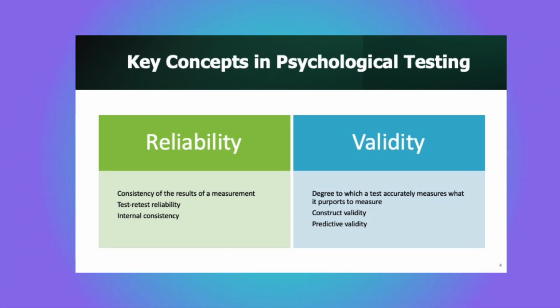And then we have internal consistency. Internal consistency refers to the extent to which single items within the test measure the same construct. This reliability measures the degree of agreement among different test items.